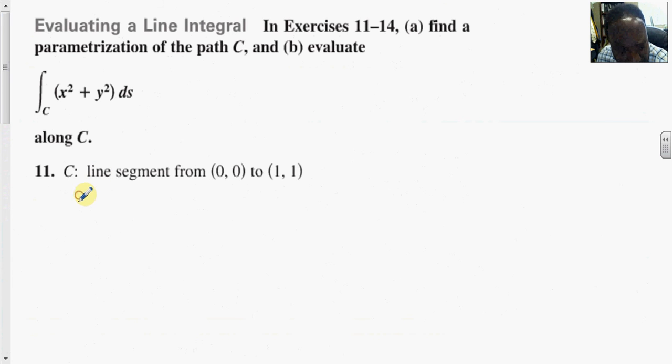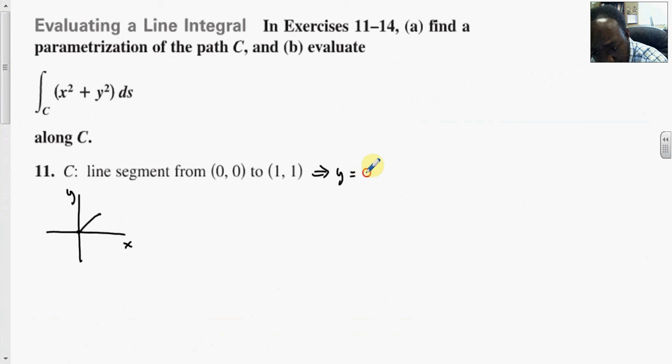Well, it says it's a line segment that starts at 0, then it goes to 1 comma 1. So this is a line segment. Notice that x is equal to y. And you can build the equation of the line you want, but hopefully you see here that this is y equal to x, right? So that's y equal to x.